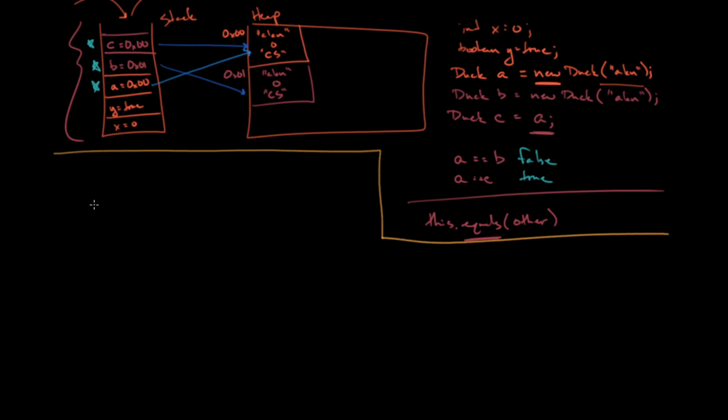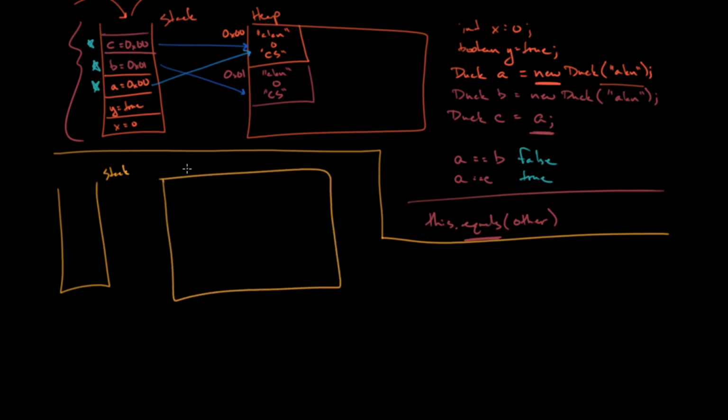Okay. So let's look at the stack again. Got my stack. I probably didn't give myself enough room there. That's okay. And then I got my heap. All right, heap. Perfect. Okay. So what we did was we made a new string.